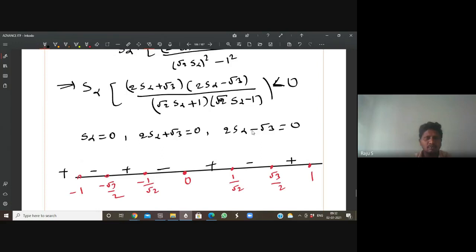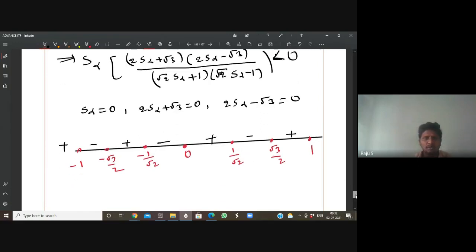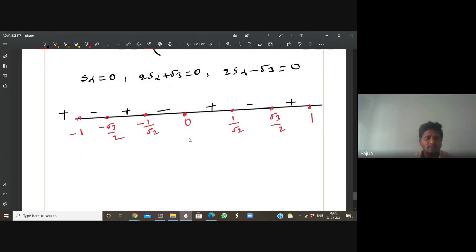Okay, so from this, what do you observe, students? Sine alpha, we can easily verify that sine alpha is there. For example, here minus 1 to minus root 3 by 2, so it should be negative.